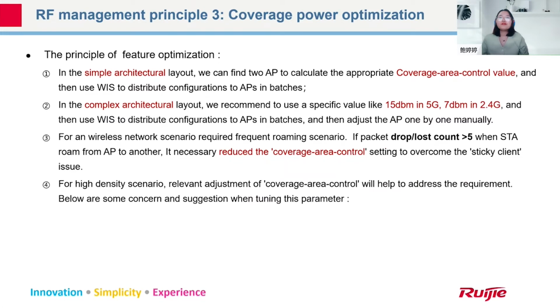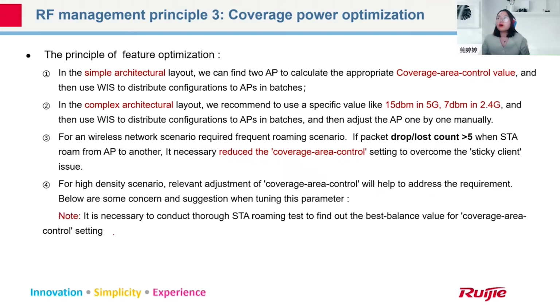And for the high density scenario, appropriate adjustment of the coverage control will help to address the requirement. This is the note: it is necessary to conduct thorough station roaming tests to find the best balance value for these parameters.